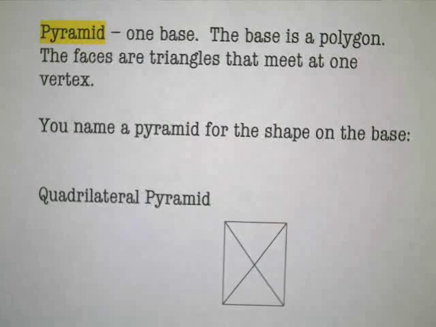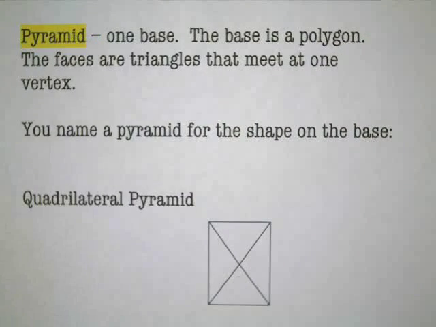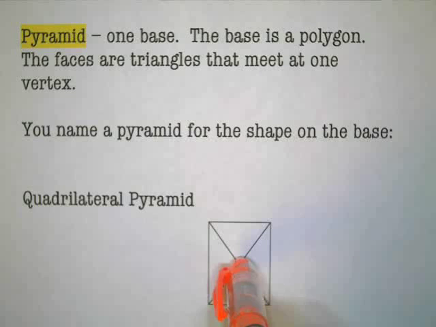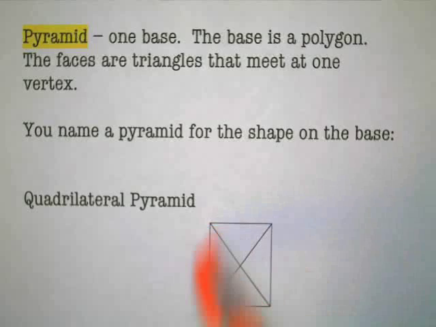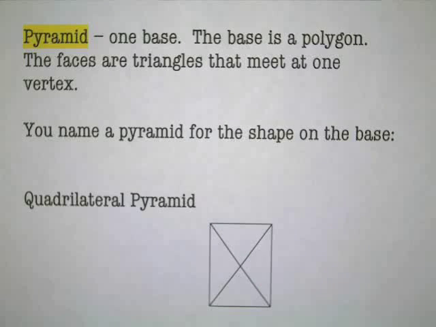Then your next one is a pyramid. The pyramid has one base, and then it has triangles on its sides that meet at one single point. So this is the top of your pyramid. Okay? So what is the base of it? What does the bottom of it look like?